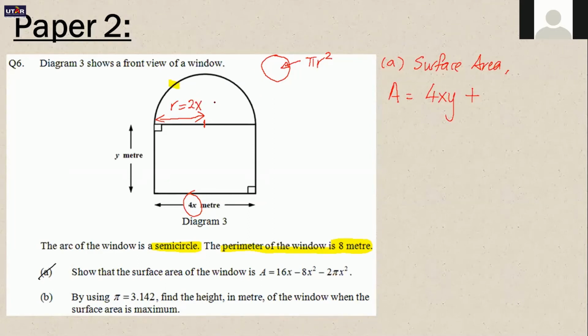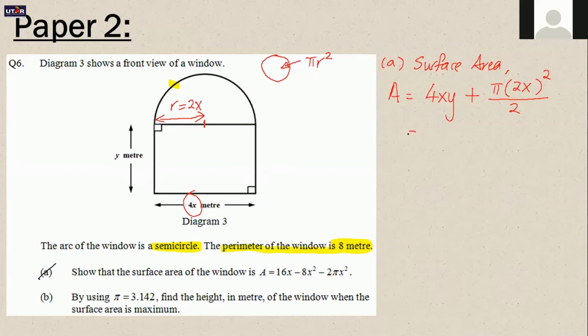Since this is a semicircle, we take the total area of the circle divided by 2. So we have pi r squared divided by 2. What is your r? Just now we mentioned that r is 2x.